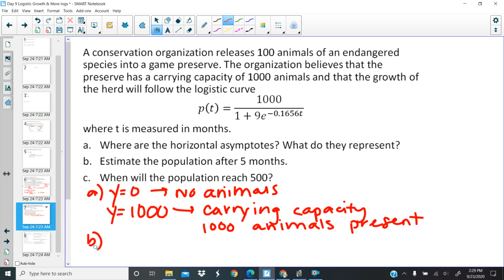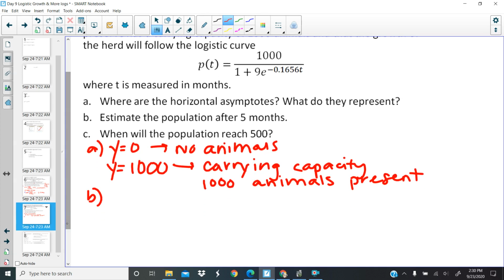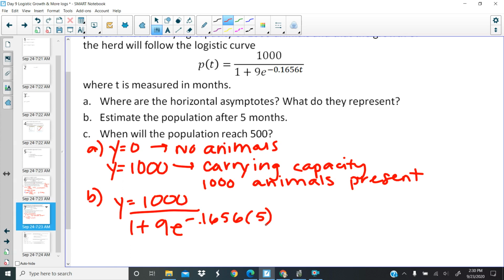For B, estimate the population after 5 months. It does tell us t is measured in months, so that is a plus. And on that one, you're just going to want to plug in 5 for t. So it would be 1,000 divided by 1 plus 9 times e to the negative 0.1656 times 5 months.